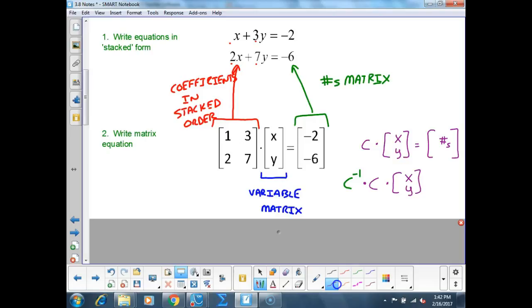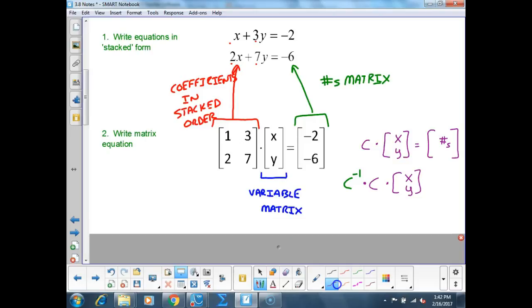Now, from a couple of minutes ago, an inverse times its original matrix does what? What does that make? Makes the identity matrix. From a few more minutes ago, the identity matrix times any matrix is just that matrix, right? So really, what happens on this left side?